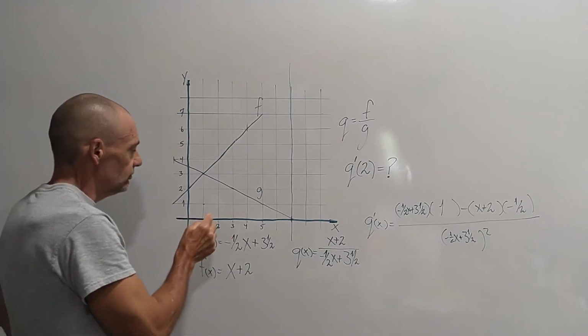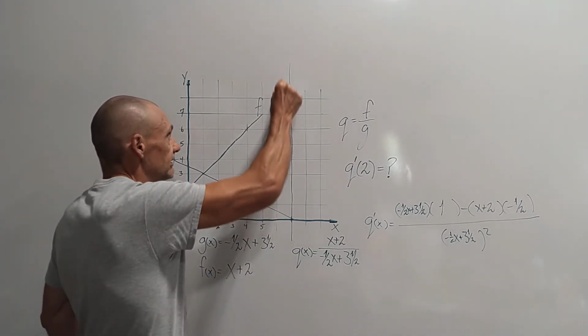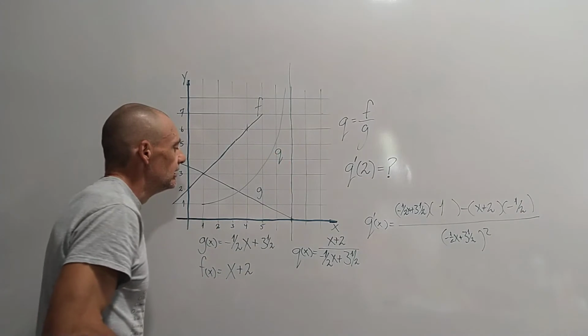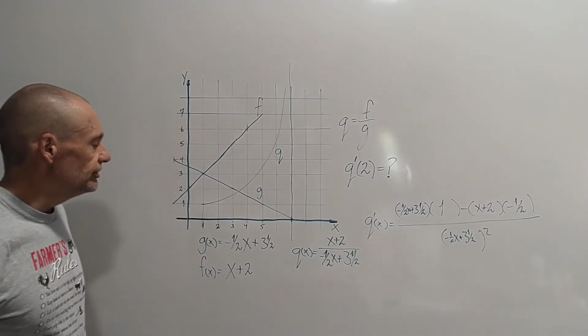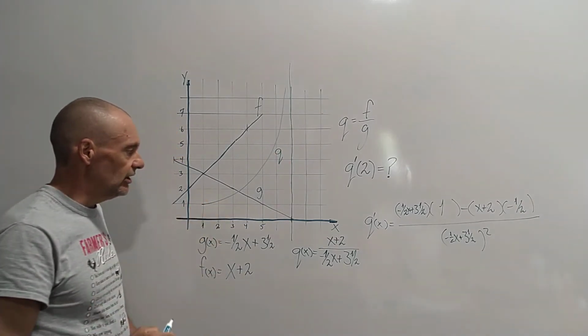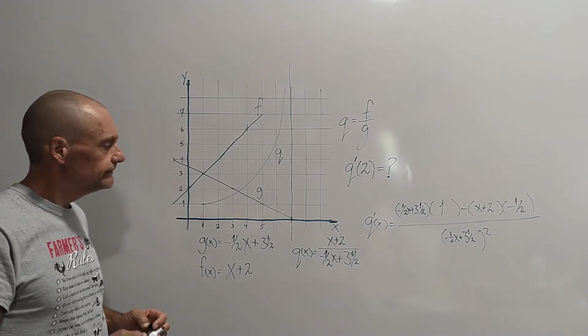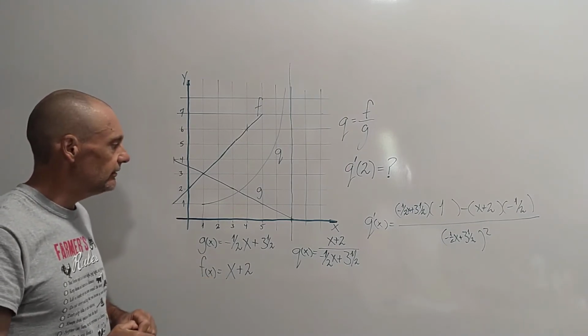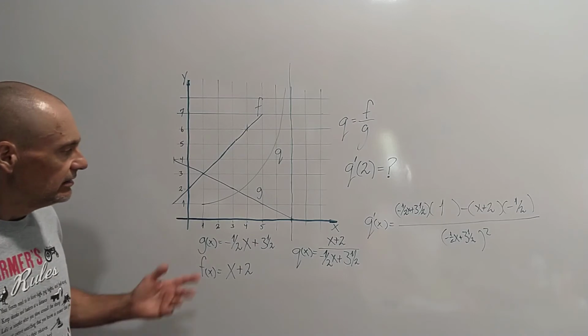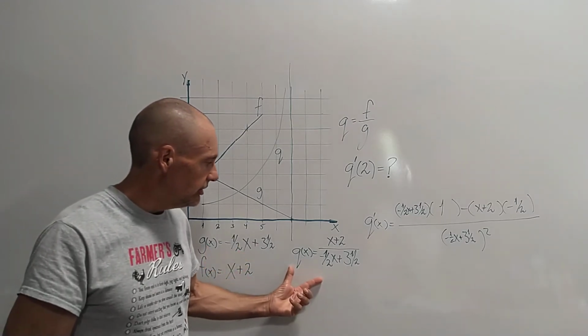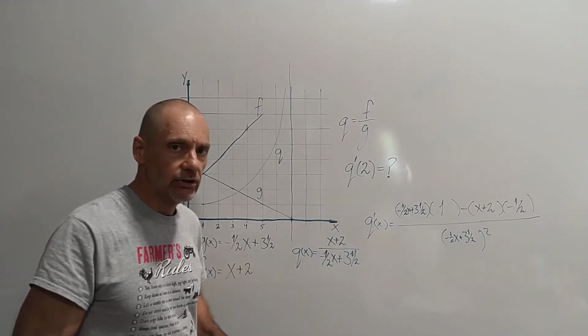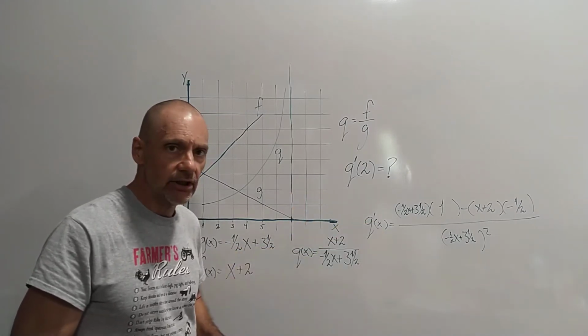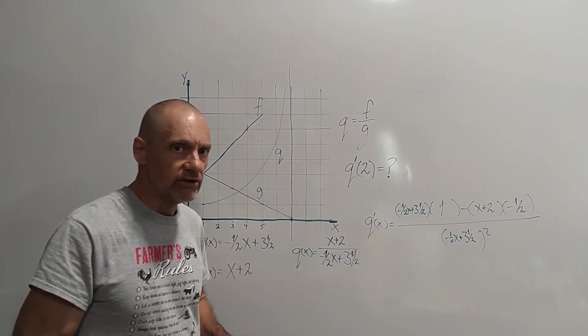So q is going to look something like this. To just be able to look at q and say the slope is going to be something, in general, I don't think you want to try to do that. Find f, find g, get q, use the quotient rule to get q prime, plug into the calculator, and you'll get the value of the slope.